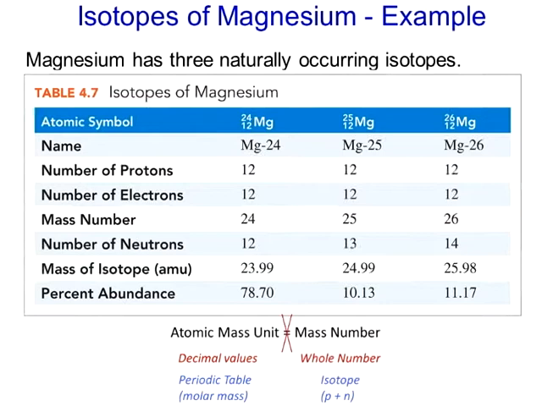It's an exact number. Mass of an isotope or AMU will have a decimal. And then we look at the relative abundance of these. We go back to the calculation we've already shown you, and that gives us a final AMU for magnesium. Again, we like to remind you, AMU does not equal mass number.